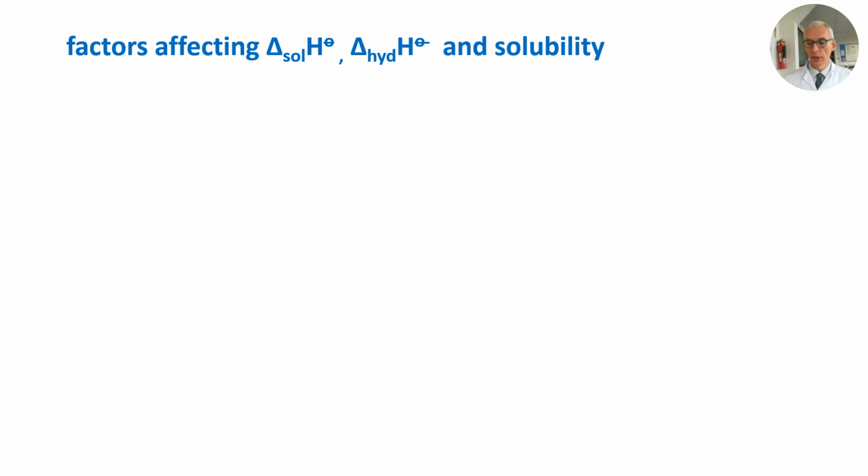So let's now consider how changes in the enthalpy of hydration may affect the enthalpy of solution and therefore solubility. We know that the enthalpy of solution is equal to the sum of the enthalpies of hydration of the various ions minus the lattice enthalpy for that ionic lattice.